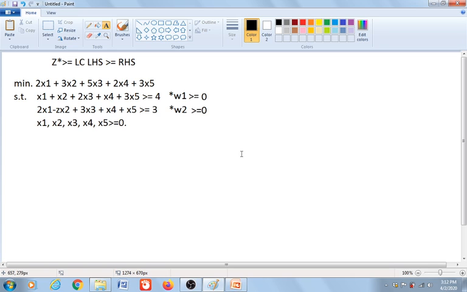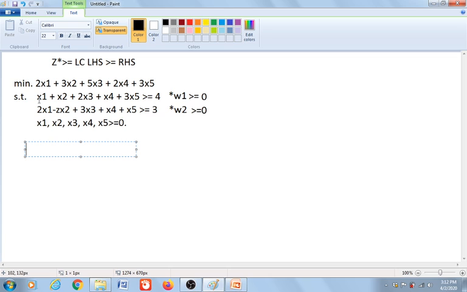Okay, now let's do the multiplication. What we have over here is w1 times 1x1, plus w2 times 2x1, so that's w1 plus 2w2, everything times x1, and according to the theorem, the linear combination of the left hand side must be less than or equal to the 2x1.